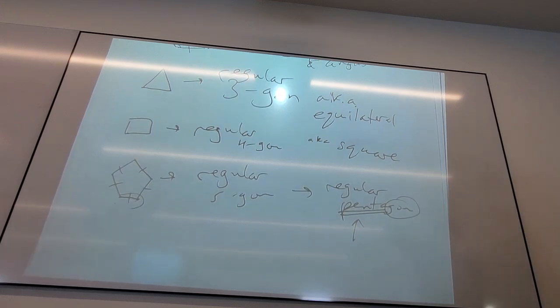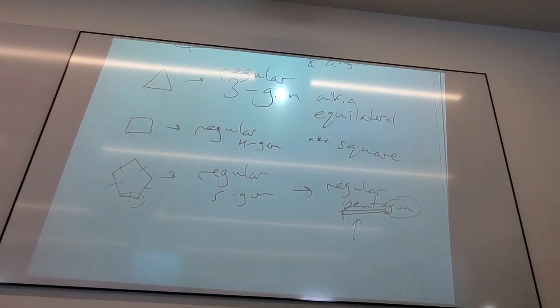Almost all of our names are taken from Greek. Some of them are taken from Latin. I'm not going to suddenly change this into a Greek or Latin course, so don't freak out. I do want you to memorize some of these. So at least you should know up until 6 or 7 sided. Let's say 7. So 5-sided is a pentagon.